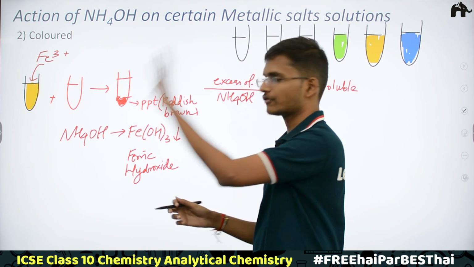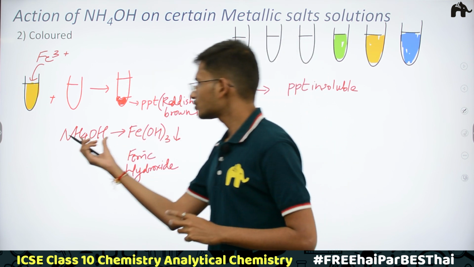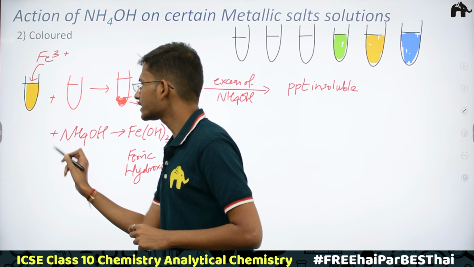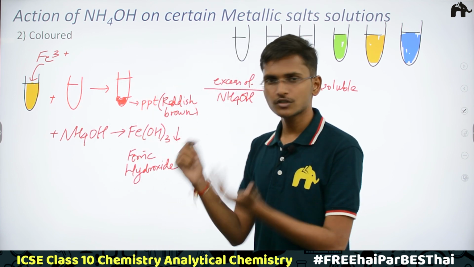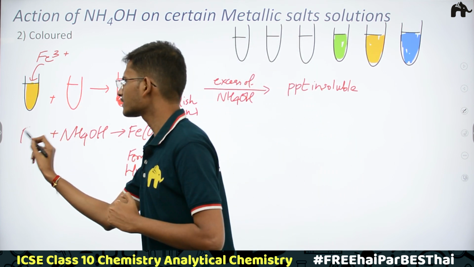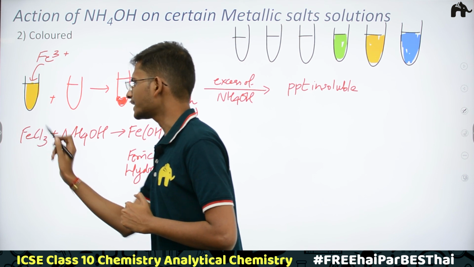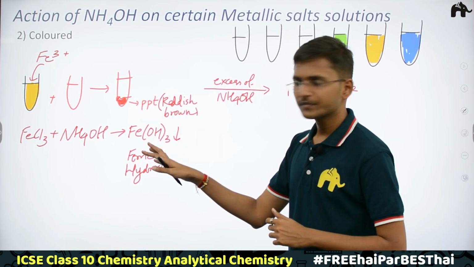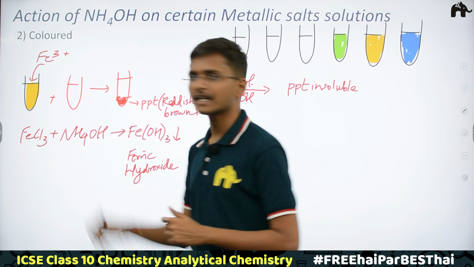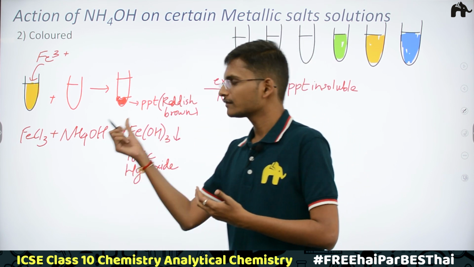Now we just have to develop a chemical reaction. So I have written NH4OH. Now we have to figure out an iron salt having the Fe3+ ion which is soluble in water. So simply I am writing ferric chloride. Wherever a salt involves the Fe3+ ion, you start with ferric.